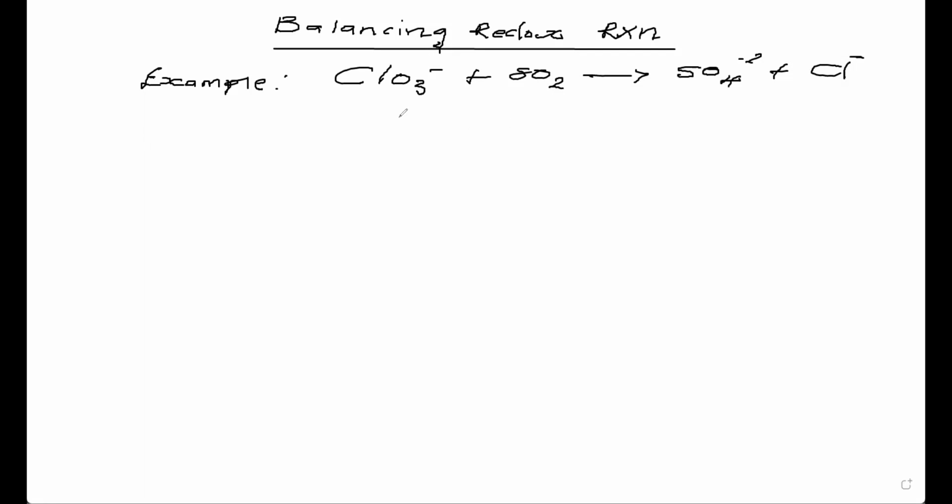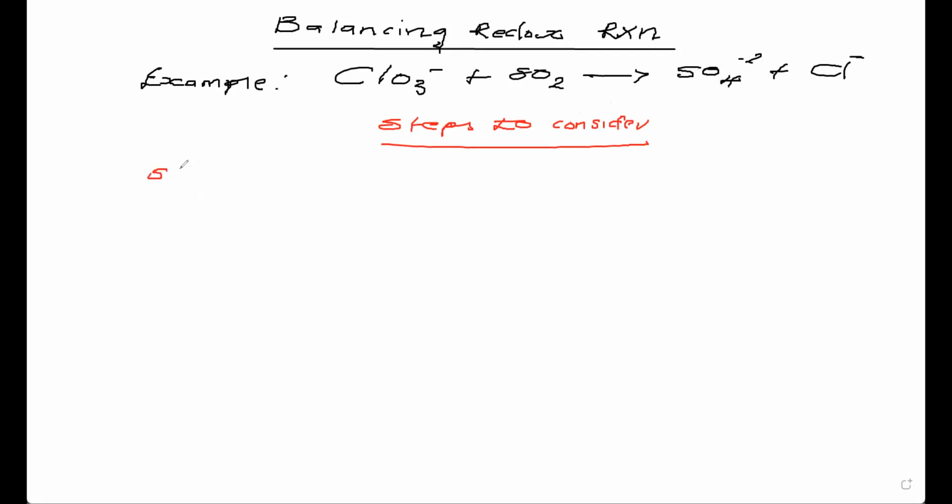All right. So now let's look at the important steps that we need to consider. You can apply these steps to any redox reaction that you need to balance. You can apply all the steps we are going to consider to any reaction that you have been given.